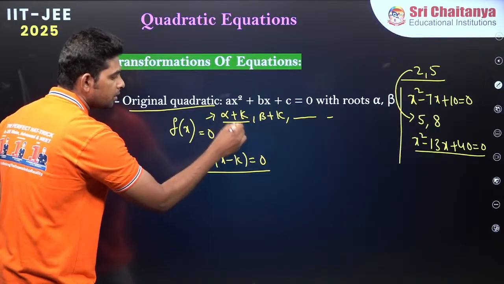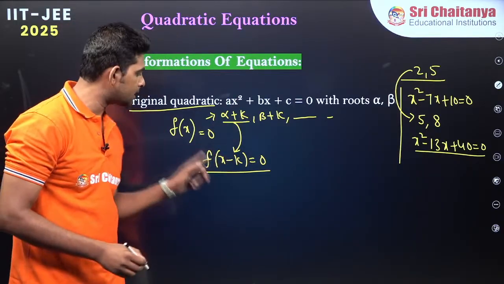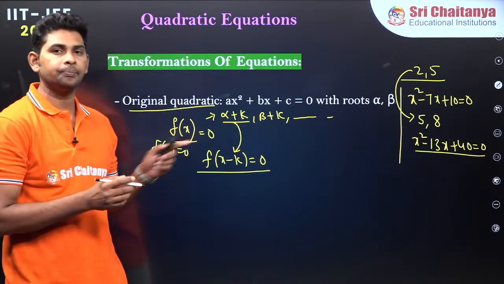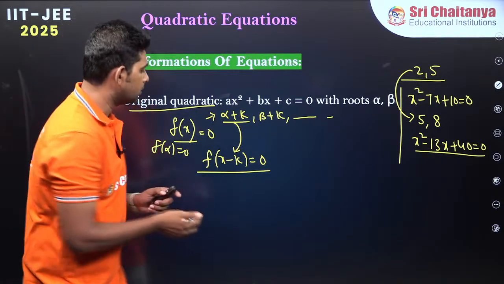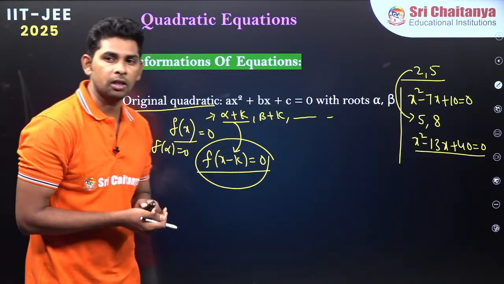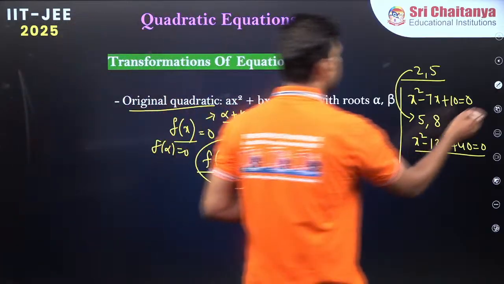If you substitute alpha plus k in the place of x, alpha plus k minus k gets cancelled. Obviously f of alpha is 0, because alpha is the root of what equation? f of x is equals to 0. That is how we take the equation: f of x minus k is equals to 0. Now I am going to show you how we do it for the quadratic also.